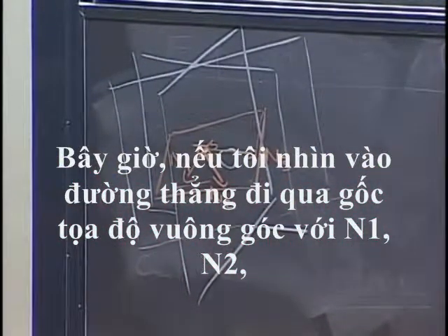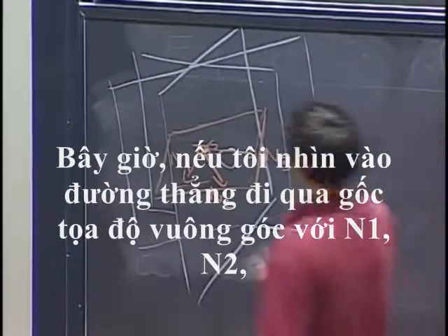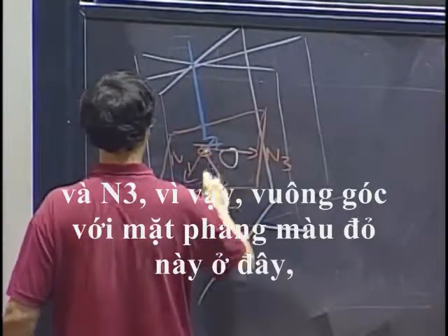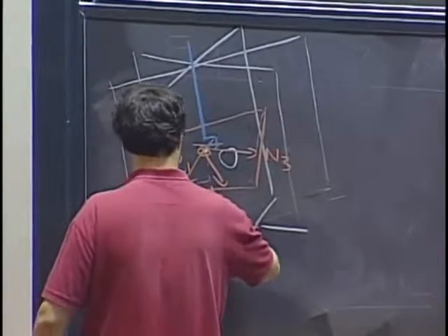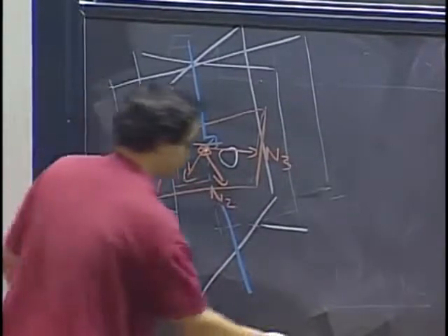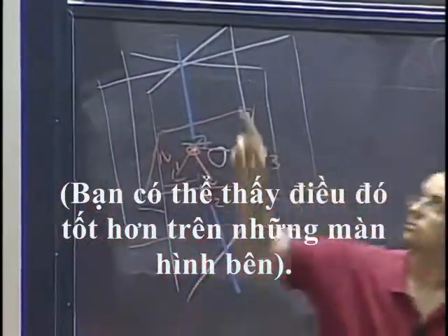Now if I look at the line through the origin that's perpendicular to n1, n2, and n3, so perpendicular to this red plane here, that's a terrible picture. It's supposed to be in all the planes. You can see that better on the side screens.